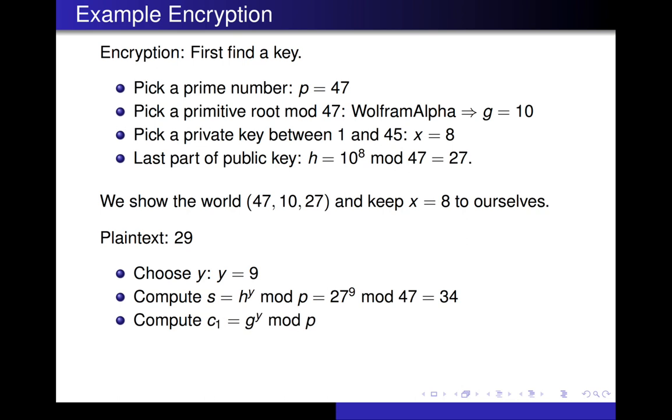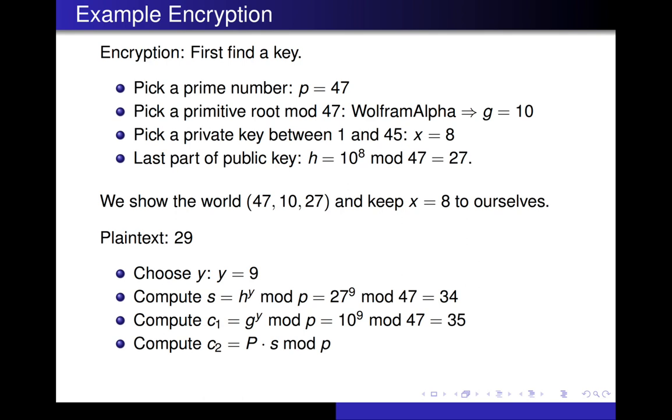Now we can compute C1, which is g to the y mod p. Our g is 10, our y is 9, that's the private encryption key that we chose, and our p is 47. And again, Wolfram Alpha spits out the number 35.